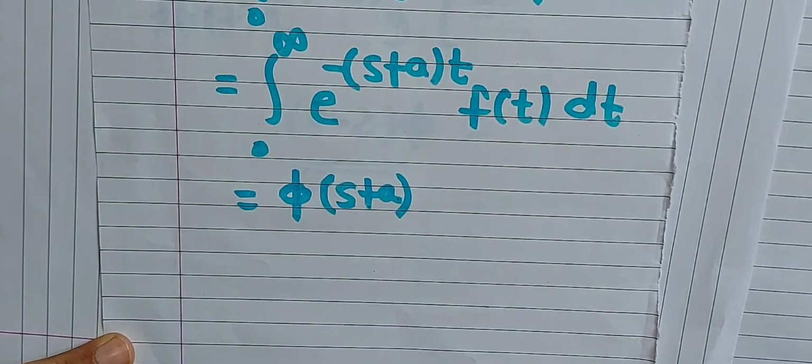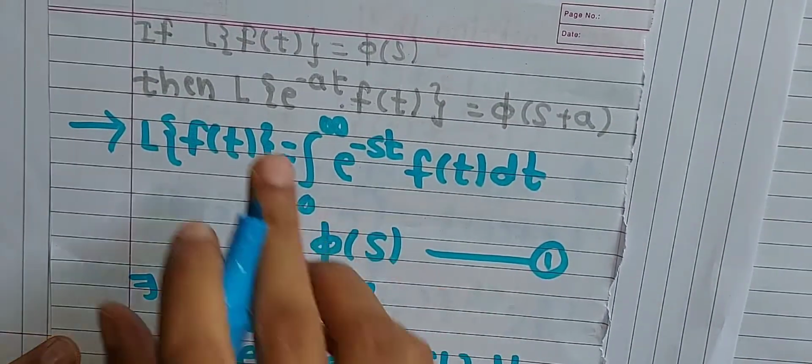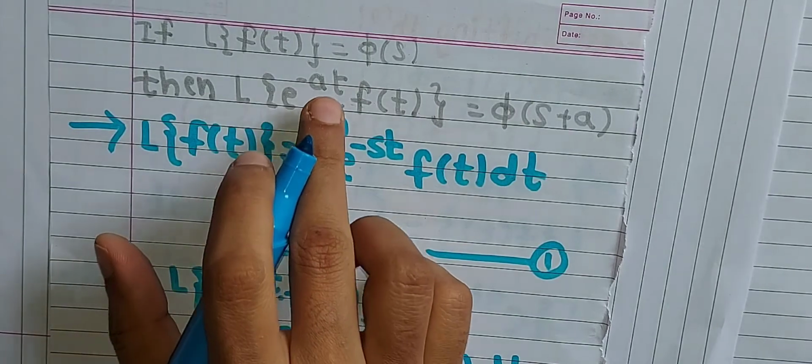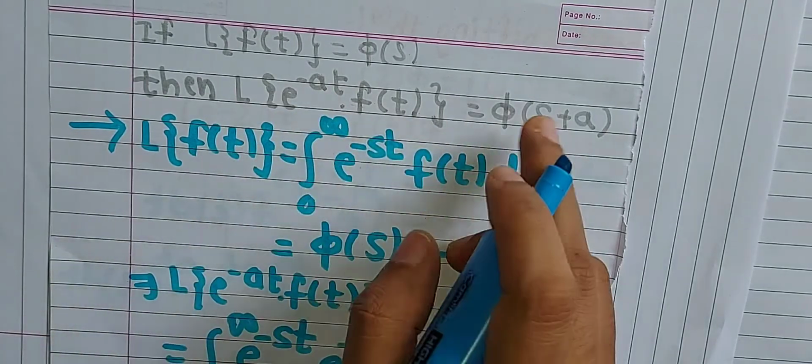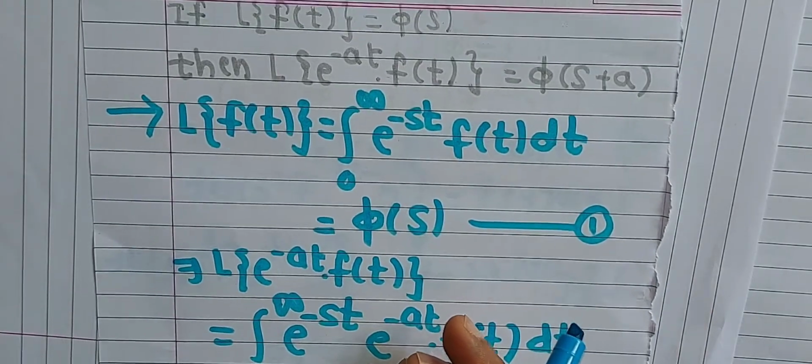So with the help of equation number 1 we have obtained the Laplace transformation of e raised to minus at into f of t equal to phi of s plus a. So this is the second method of the first shifting theorem.